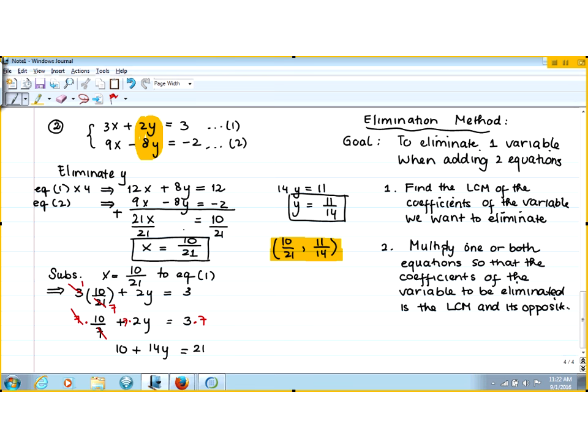So it has to contain opposite signs. Yes? And then you can add. When you add, then add the two equations. And so on. Right?